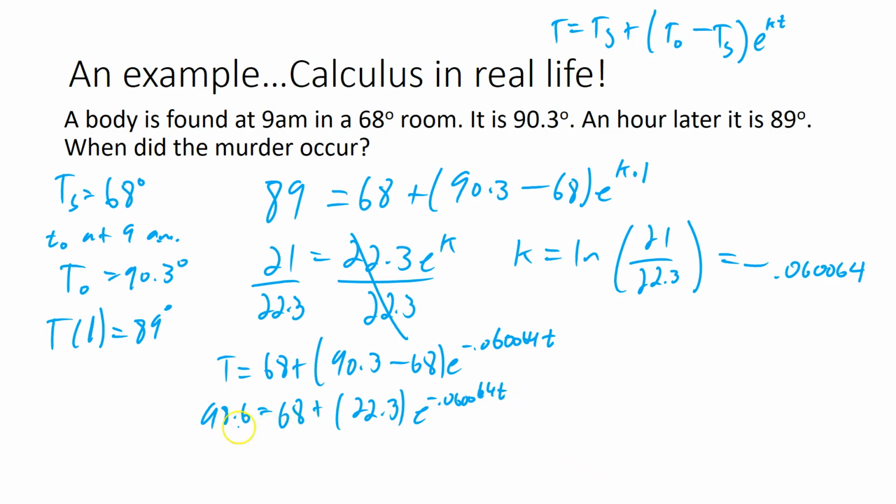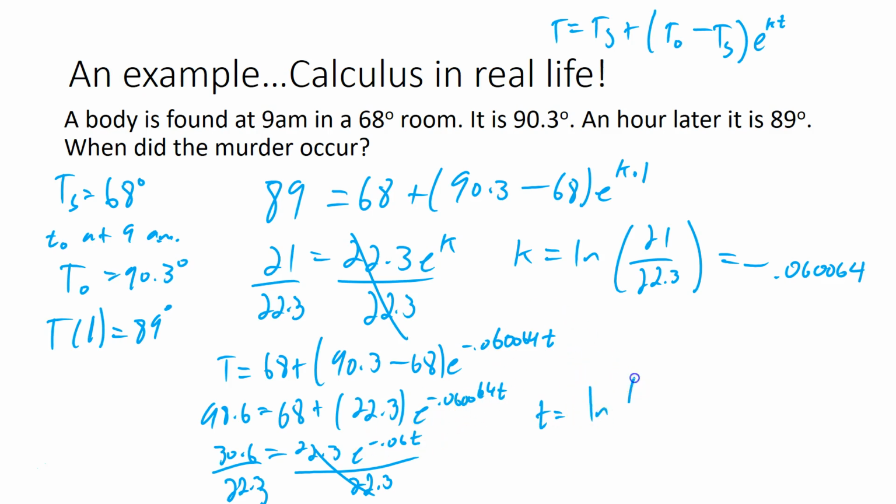So 98.6 minus 68, that is 30.6, equal to 22.3 e to the negative 0.06 t. I'll drop off those decimals. Divide by 22.3. Okay, and then natural log, and then divide by negative 0.06. So t, a little bit of algebra, I'm going to skip a couple steps here.